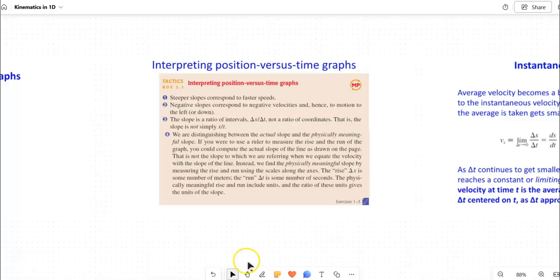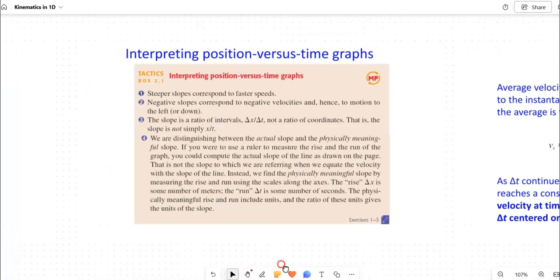Okay, so here are the basics of interpreting a position versus time graph. Again, slope is the velocity. A steeper slope is a faster speed, a more level slope is a slower speed, and a perfectly level slope is 0.